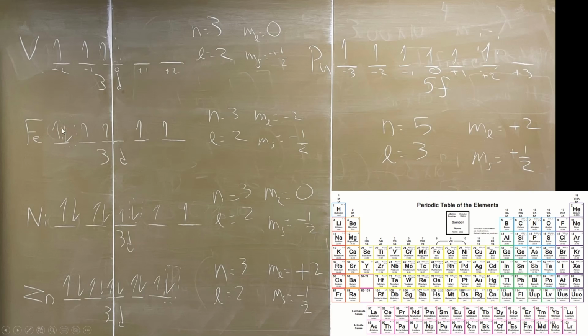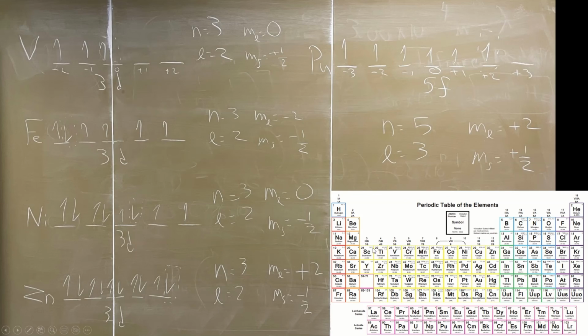This specific electron has the quantum numbers n equals 3, L equals 2, M sub L equals negative 2, just like as was shown here. And the spin is now pointed down, or negative 1/2.